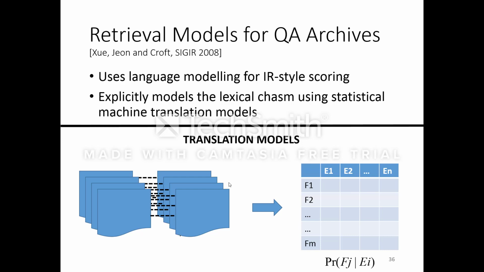And each of the entries in the matrix represents the probability that the French word FJ corresponds in terms of meaning to the English word EI. So that's what they try to quantify. The process of learning this matrix we're not looking into, because we'll treat translation models as some kind of a black box for the purpose of QA retrieval.